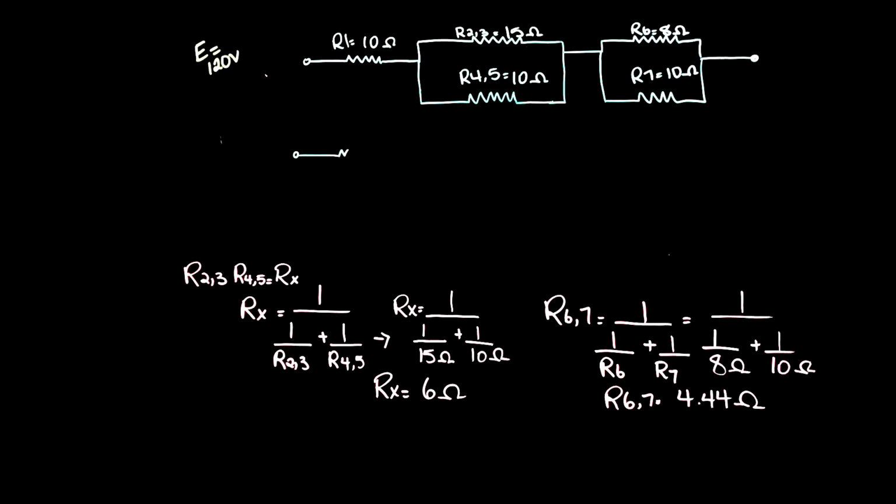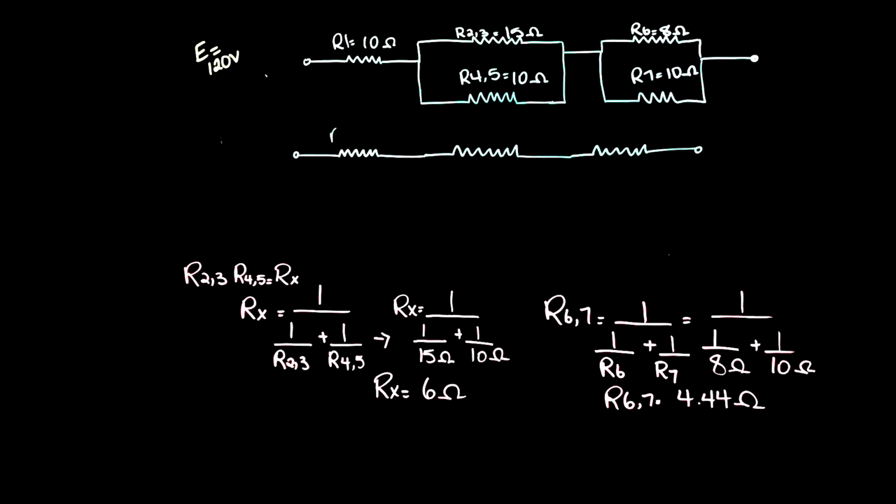So again, resistor 1 is unchanged. We took resistor 2,3, reciprocally added it to resistor 4,5 and calculated and renamed Rx to be 6 ohms. Okay, so that's reduced. And using the reciprocal method, we did the same thing to resistor 6 and 7. Adding them reciprocally, we calculated a resistance of 4.44 ohms, further reduced.